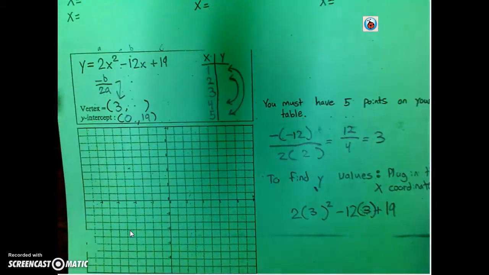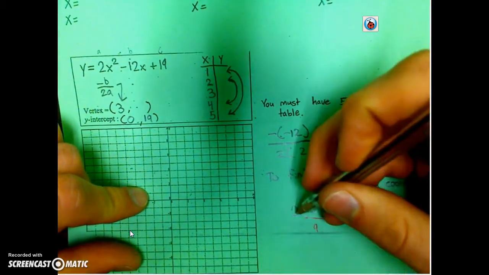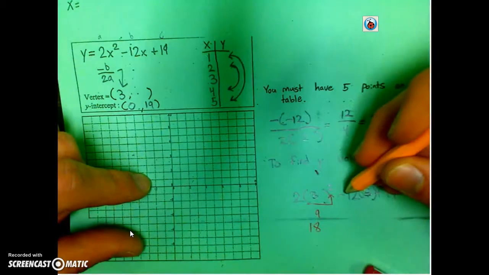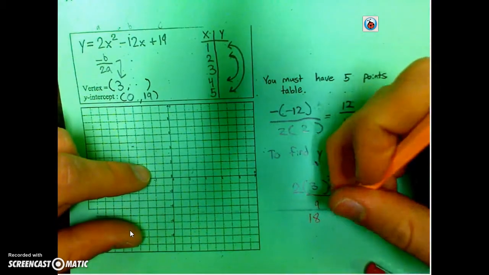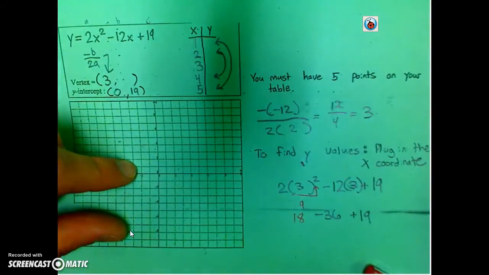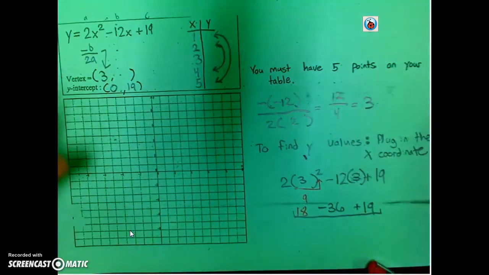So let's just see this one example, and then you should be able to carry over and do the other ones. So 3 squared gives me a 9. 9 times this 2 gives us an 18. Negative 12 times a positive 3 gives me a minus 36. And then we have that plus 19 there. Then you put these three numbers together in any order that you want.